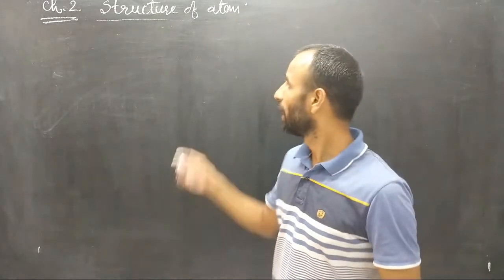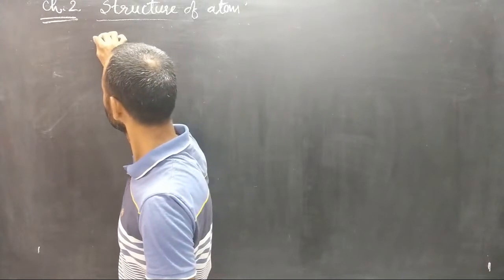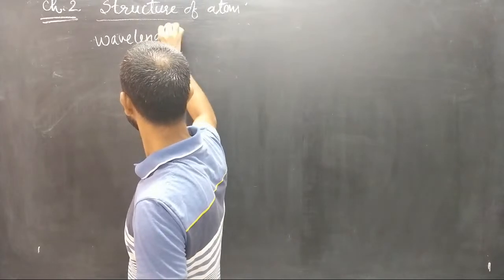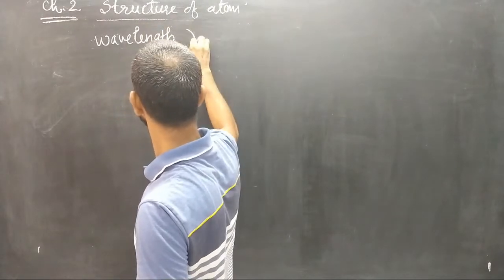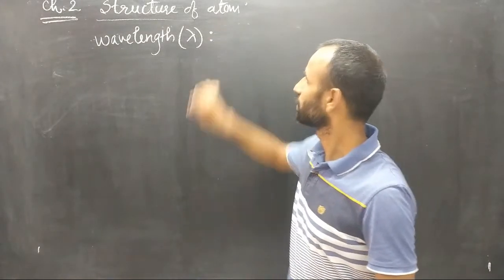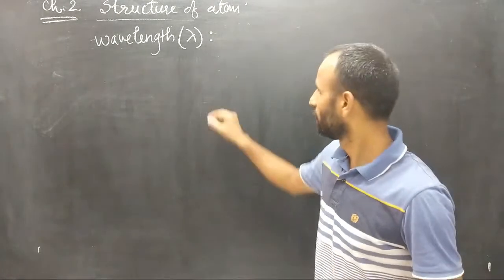Okay, now see the properties. First property is wavelength, denoted by lambda. I think most of you know what is wavelength.